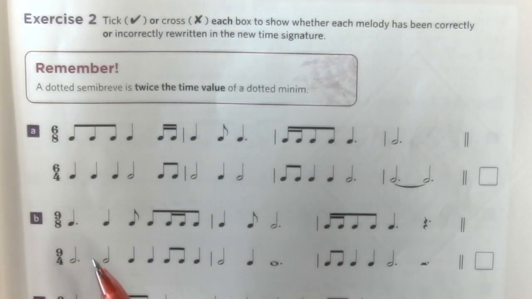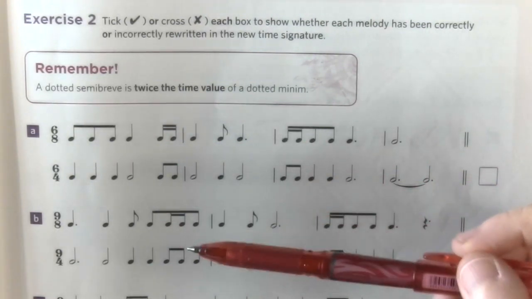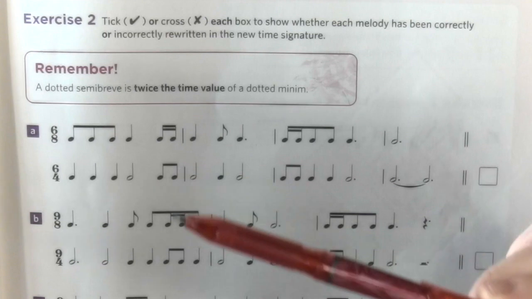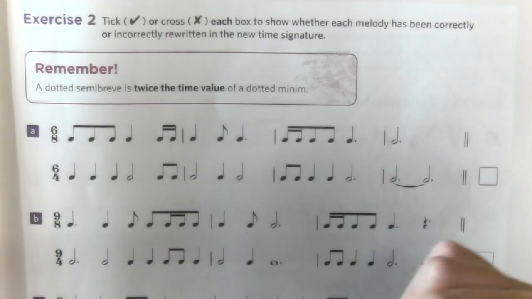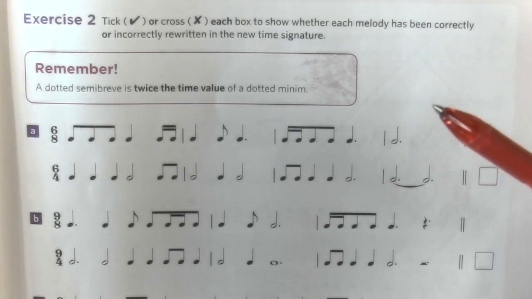So the subdivisions of each movement of the conductor, an imaginary conductor, would be 1 and 2 and if it's 6/8 or 6/4. 1 and 2 and 3 and would be 9/8 or 9/4. So it's a compound time.